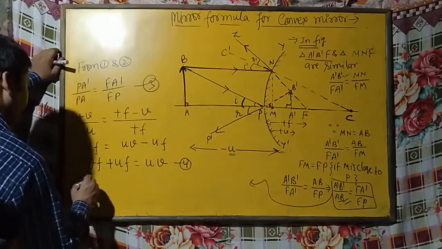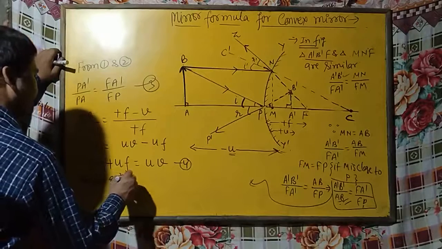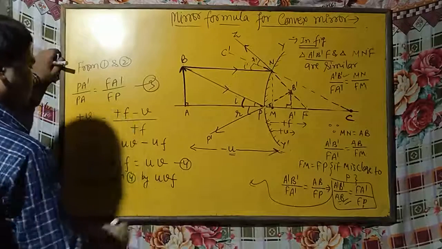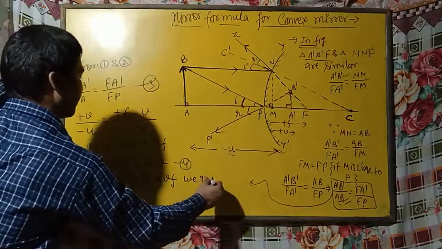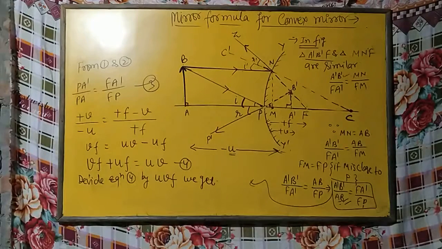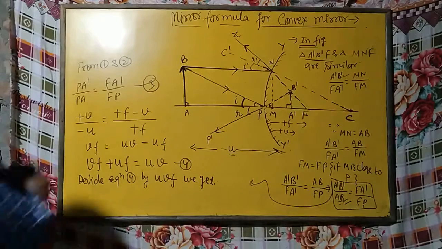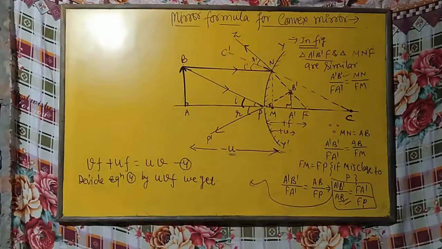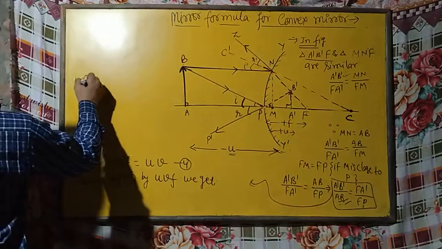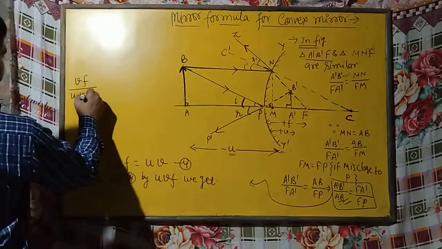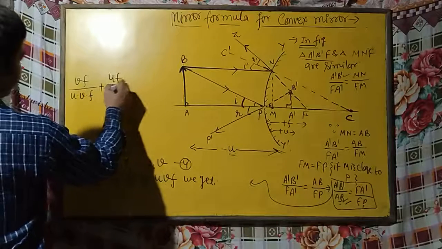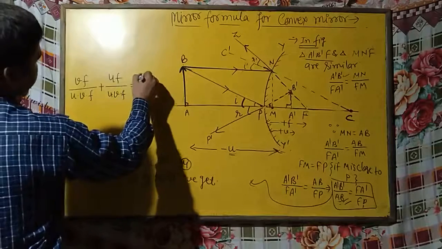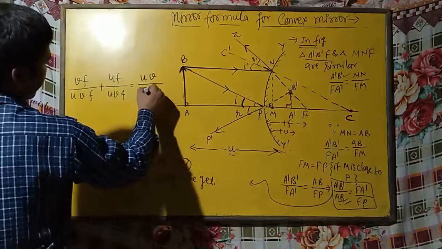Divide equation 4 by u into v into f. So we can write equation number 4 like this: v into f upon u into v into f plus u into f upon u into v into f is equal to u into v upon u into v into f.